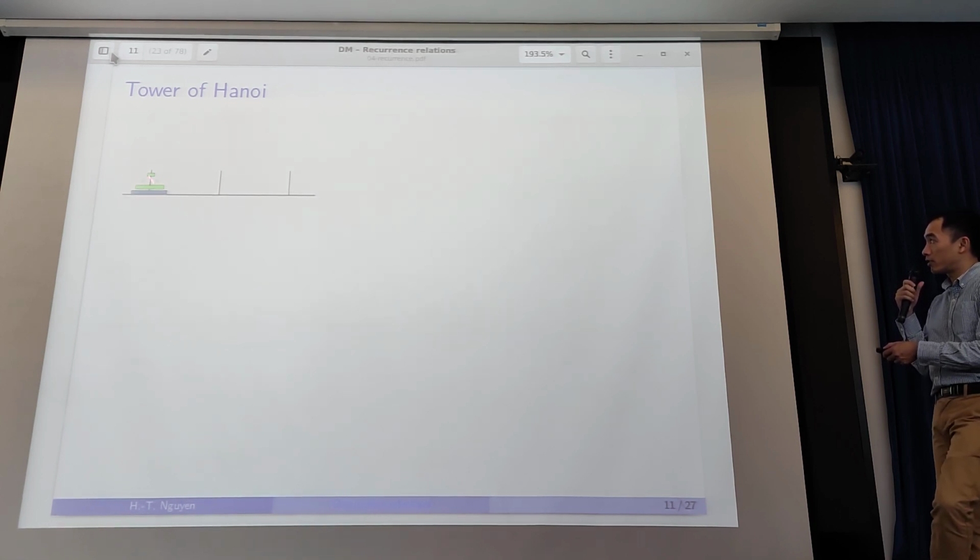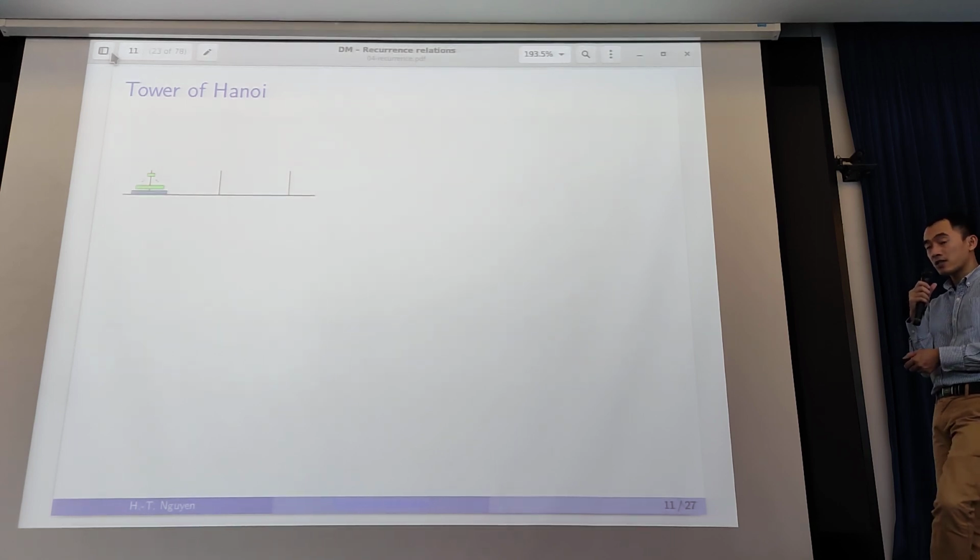I didn't draw all the discs here. What we are interested in is the bottom one, the largest disc, and all the pile above it.